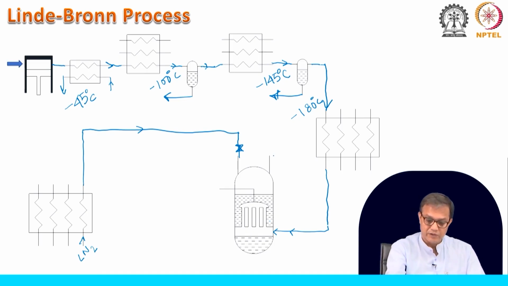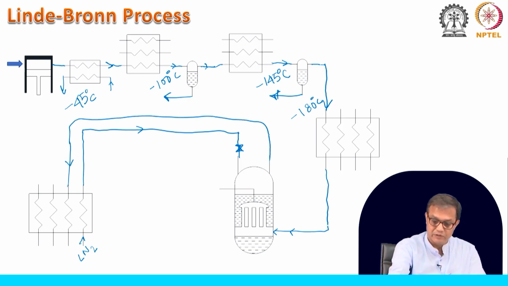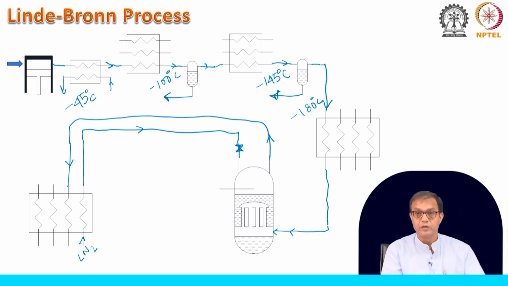Obviously, some amount of this nitrogen will evaporate, so this will come out like this. This is the vapor nitrogen that is coming out. So, what is happening here?